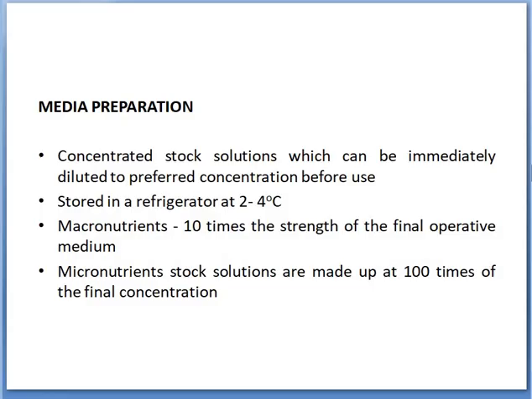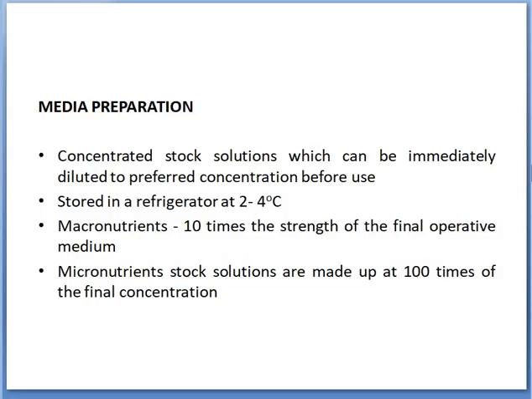Vitamins are prepared either 100 times more than the required concentration or sometimes even 1000 times more than the required concentration. So, the prepared vitamin stock solutions are stored at minus 20 degrees if they have to be stored for a longer time. Plant growth hormones are also prepared at a higher concentration, generally 1000 times the final desired concentration.